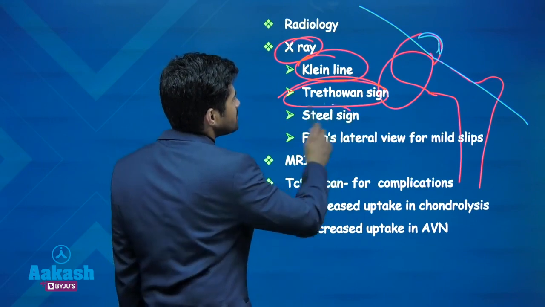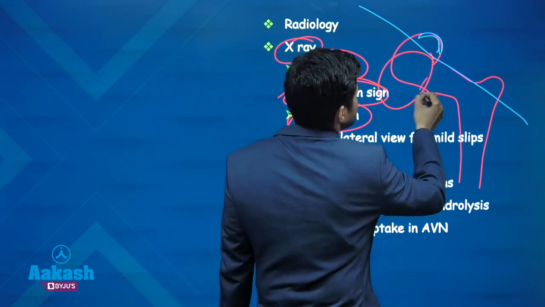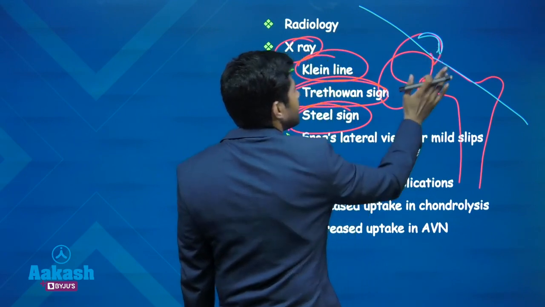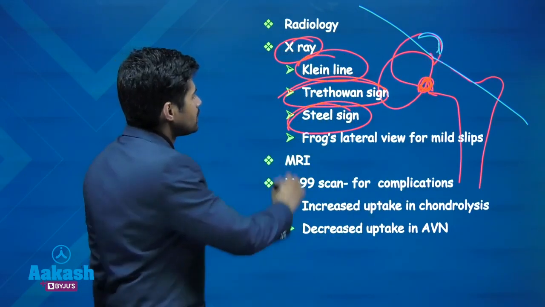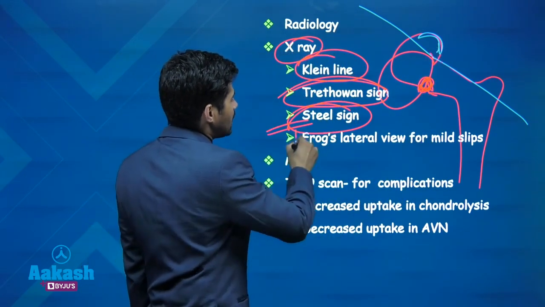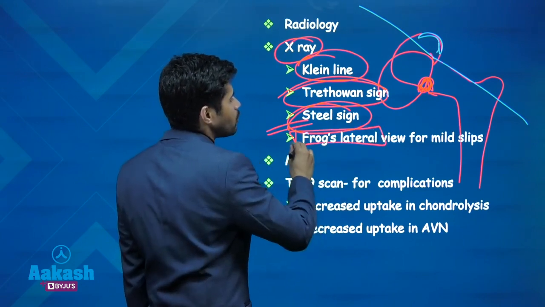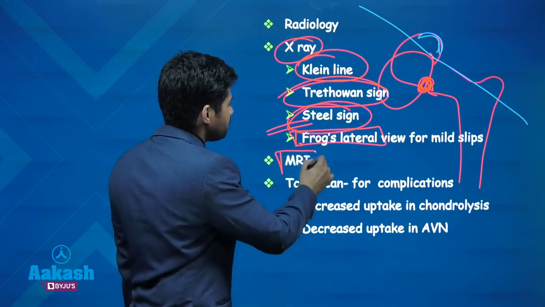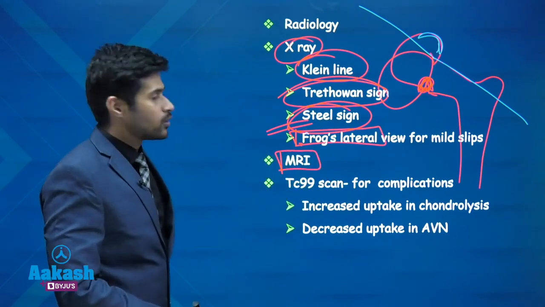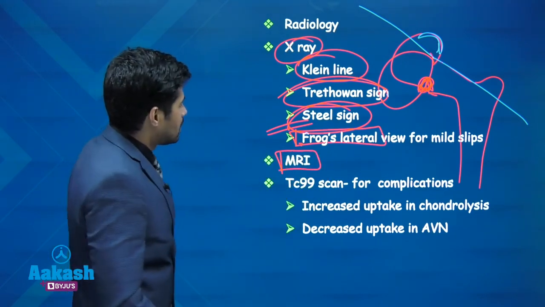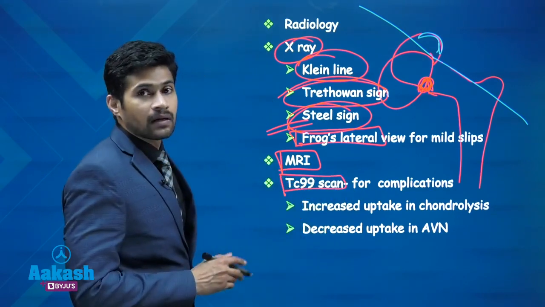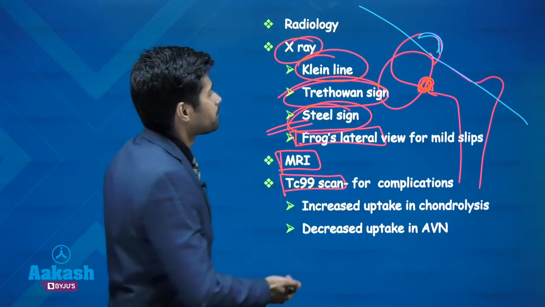Then we also get a Steel sign. Steel sign is basically increased density in this area because of overlapping of neck of femur with the femoral head. So that is a Steel sign. And the view that we use for the assessment is frog's lateral view for mild slips. We can make use of MRI for the assessment of ongoing SCFE, and we can also make use of technetium-99 scan to see what complication is happening.